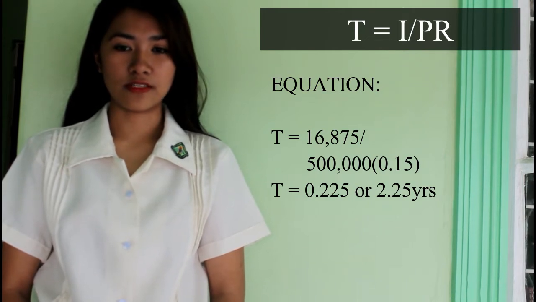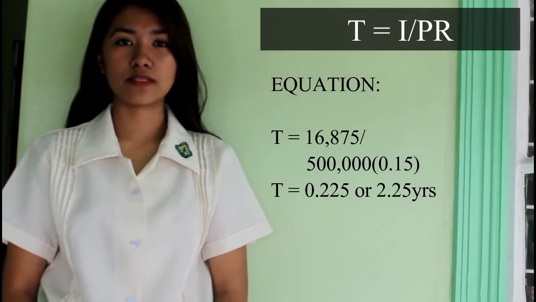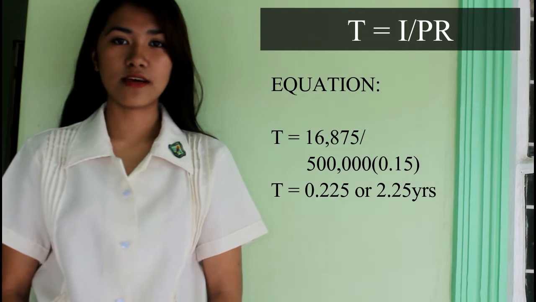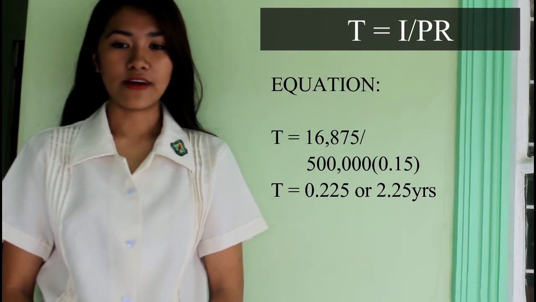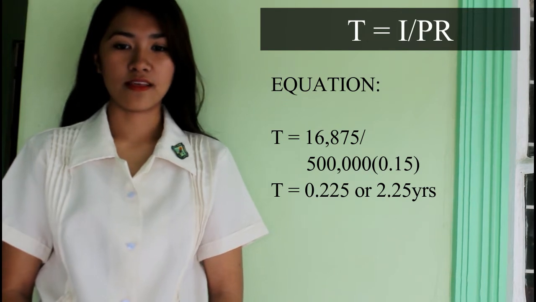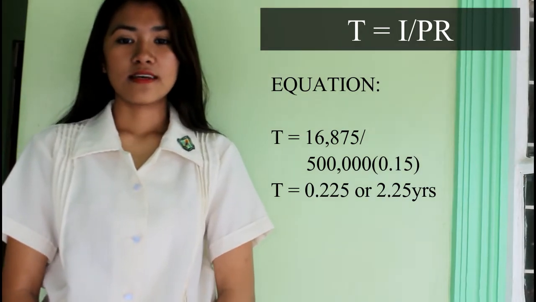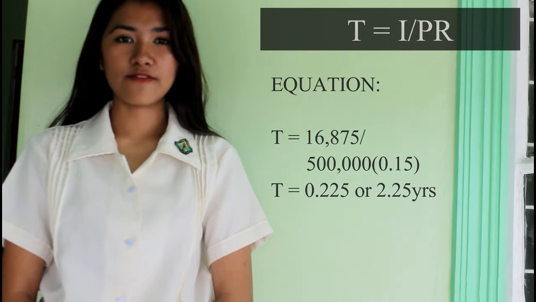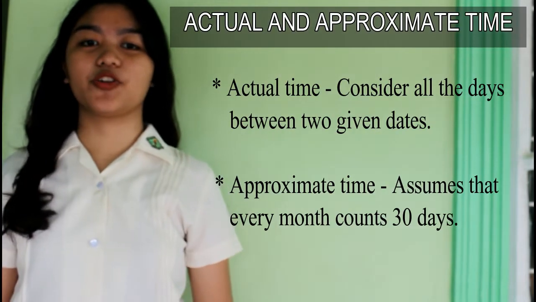Solution: time is equal to 16,875 over 500,000 times 0.15. The total is 0.225 or 2.25 years.